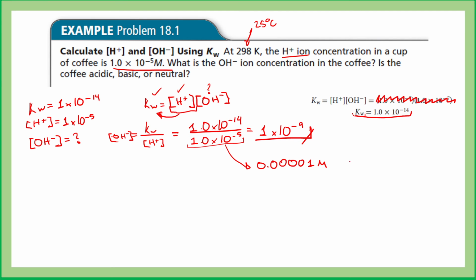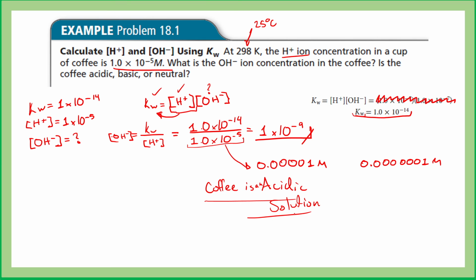So is this one greater than 0.00001 molar? Yes, it is greater. It has fewer zeros. So it's an acidic solution, the coffee. And that will be the answer to the second question.